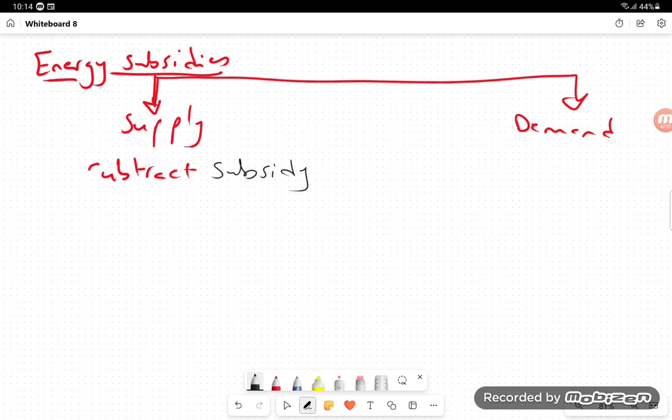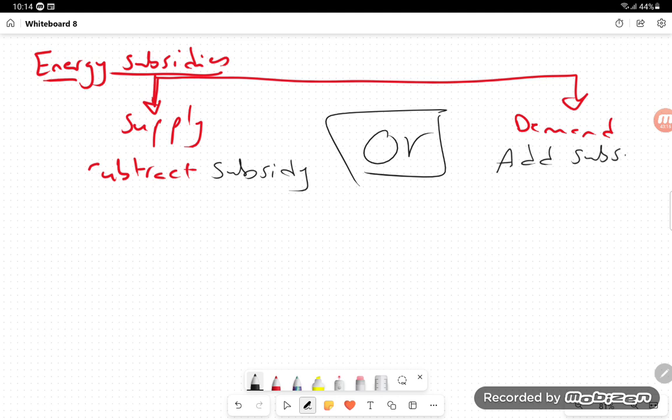Instead of adding taxes to the supply side, it's the same, but subtract. Or on the demand side, add the subsidy to the demand side.